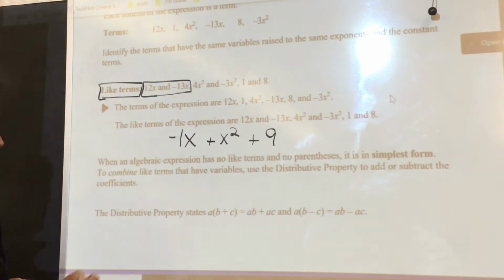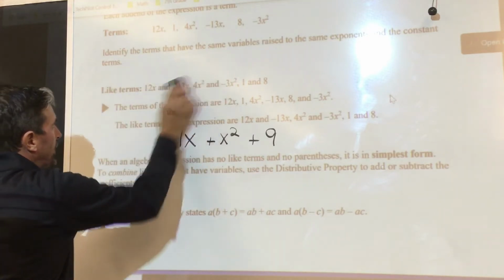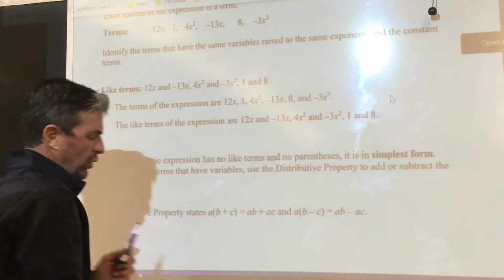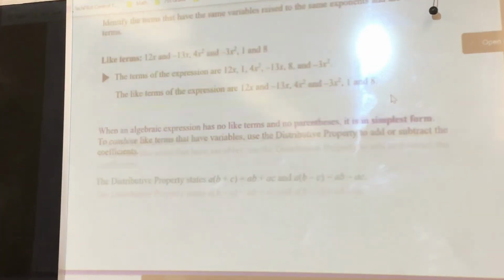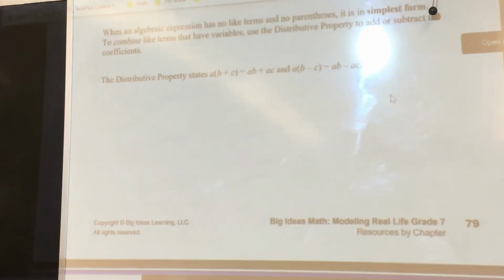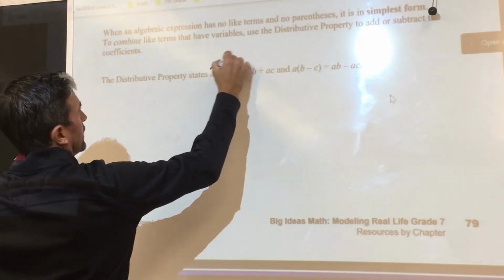Down here, they talk about the distributive property. We're going to talk a little bit more about it. The distributive property is distributing what's on the outside to what's on the inside. In this case, we're distributing the A to both of those.